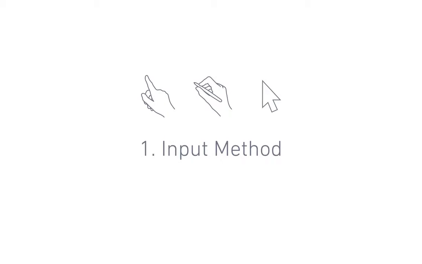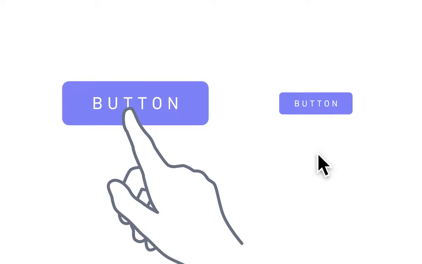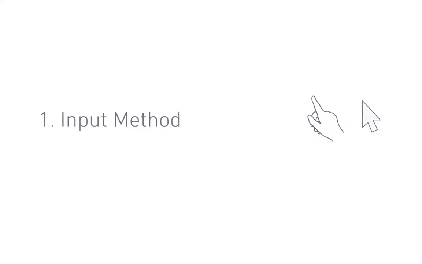First, it depends on the precision of the input method. Touch devices require interactive elements to be larger than on computers using a cursor. In fact, the recommended minimum size for interactive elements is roughly twice as large for touch, because our fingers are fat compared to the precision of a cursor.